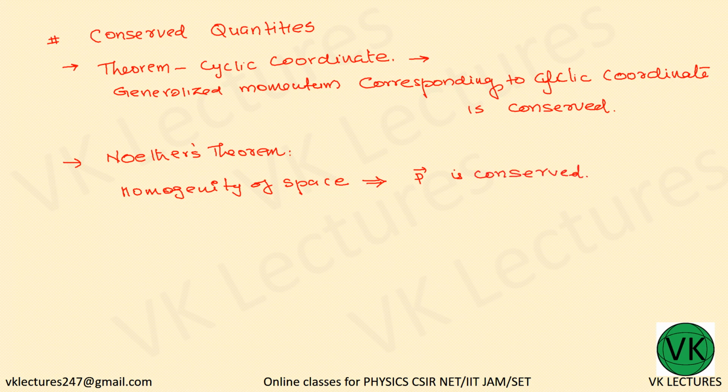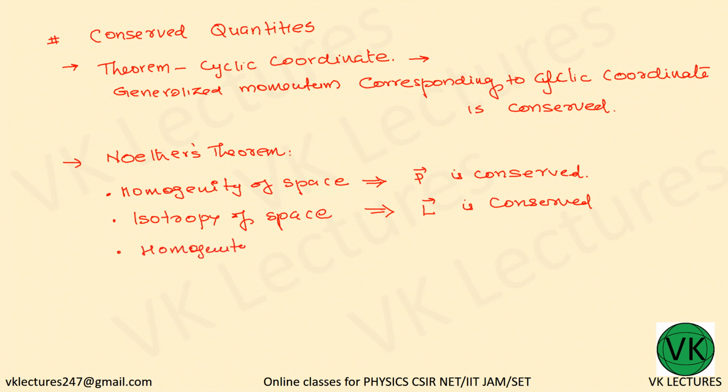Then this is isotropy of space, that means while rotation the space remains similar, so angular momentum L is conserved. And now we have homogeneity in time, then the total energy is conserved.